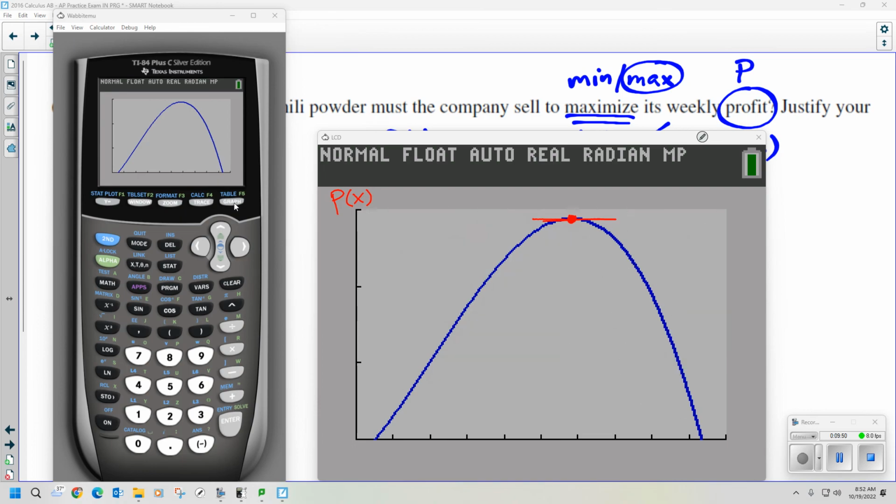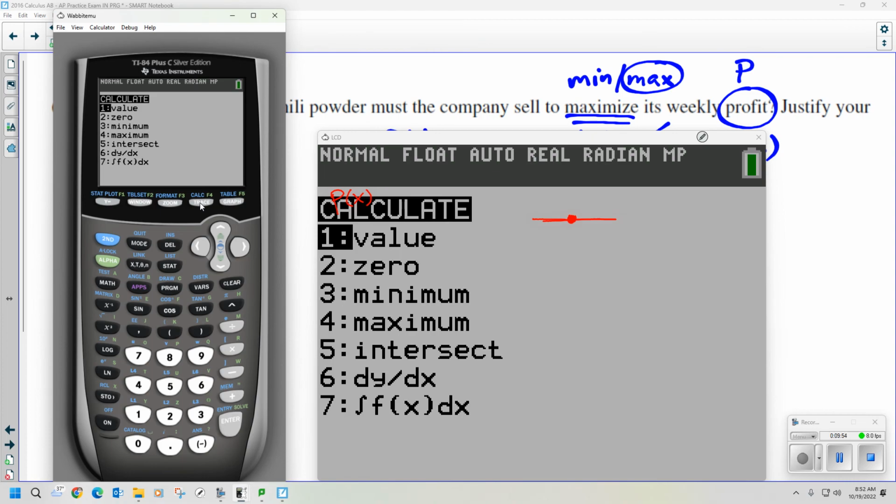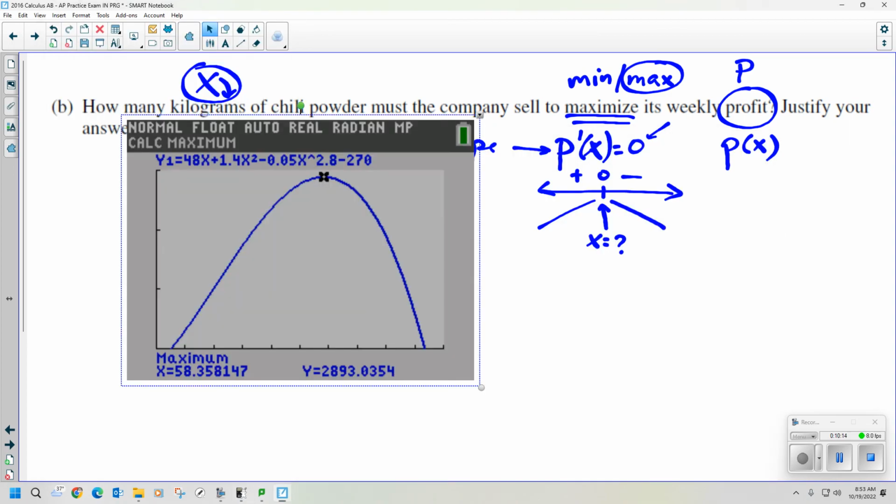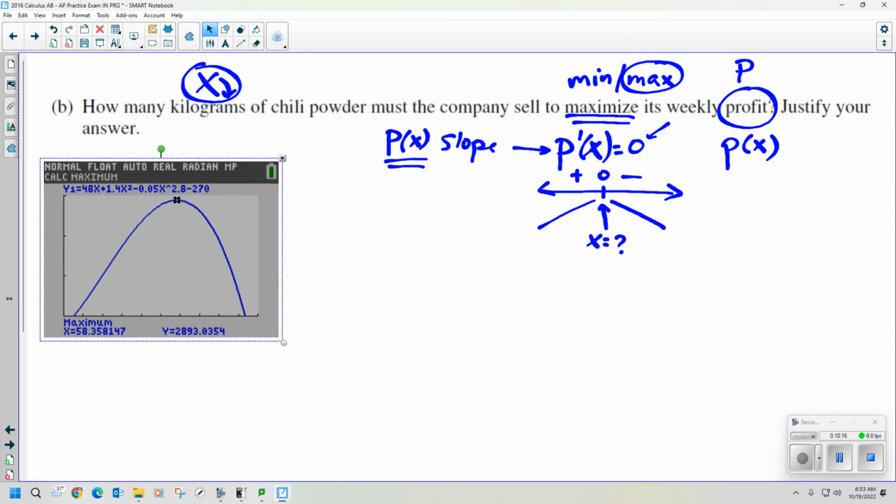Let's go to second trace, and let's find the maximum. Okay, I'm going to enter on the left side, go all the way over to the right side, hit enter, and then hit enter one more time. And there you go. We see our maximum x value at the bottom here. Let's bring this right here.